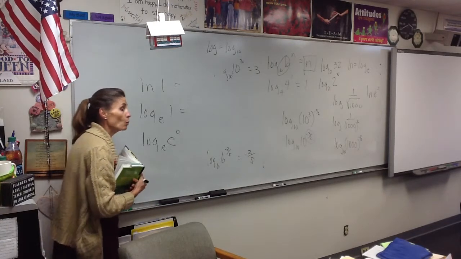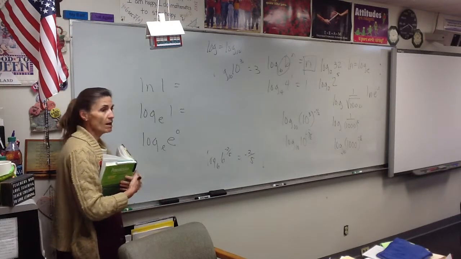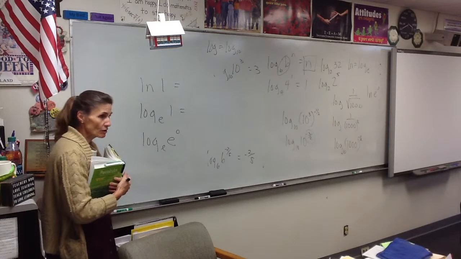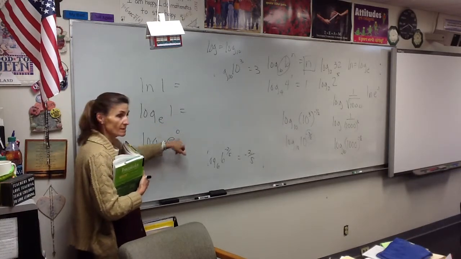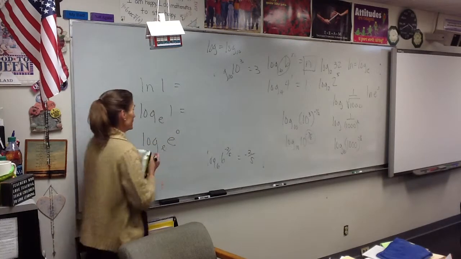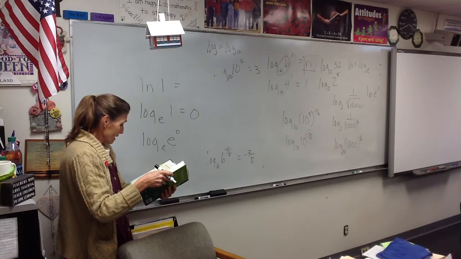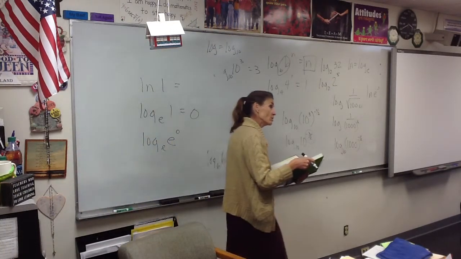Can we rewrite 1 every time as something to the 0? Yes. So that's how you're going to handle these 1s. You're going to rewrite them as whatever your base is to the 0 power. And the answer will be... How about 17? 1/4. Very good.